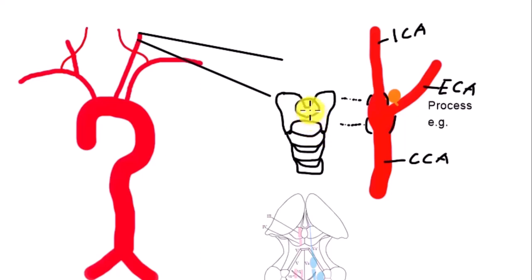So at the level of the laryngeal prominence, the carotid sinus exists, and around the level is where the common carotid artery bifurcation happens. And the important part here, obviously, for the study of the blood supply to the brain is internal carotid artery. The carotid sinus contains, like I said, baroreceptors for detecting blood pressure, and it sends signal to the brainstem.